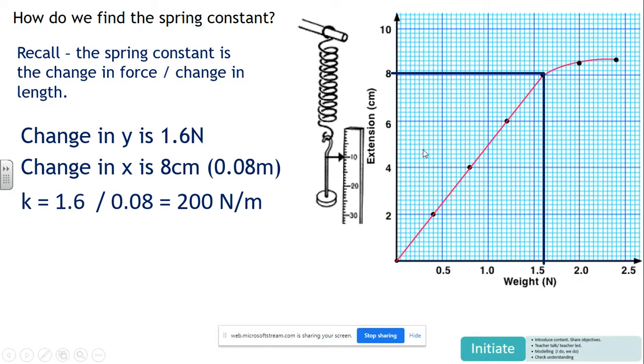It's the force applied divided by how much it's stretched. In this case, it's 200 newtons per meter. That means it takes 200 newtons to stretch this spring 1 meter in length. Notice I've used 0.08, not 8 centimeters, because we do things in meters.